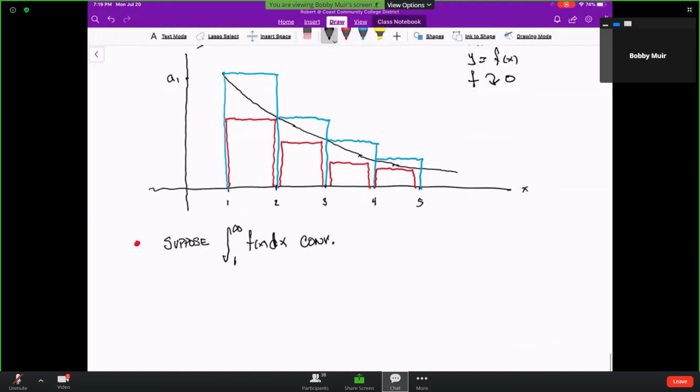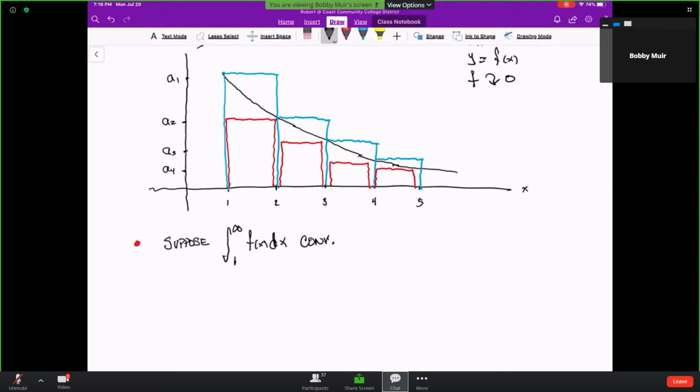According to all of this on the y-axis, this is where a2 would be. This is where a3 would be, and this is where a4 would be. You guys get the idea?